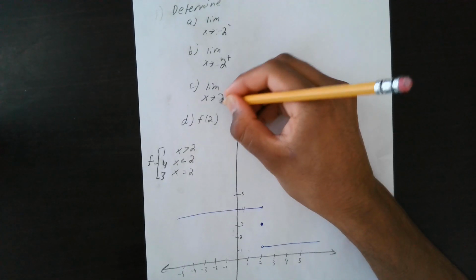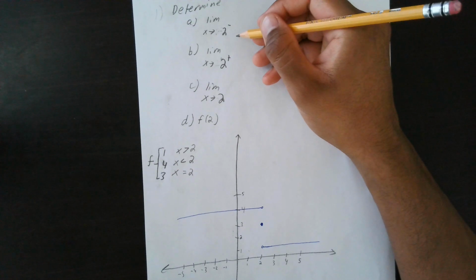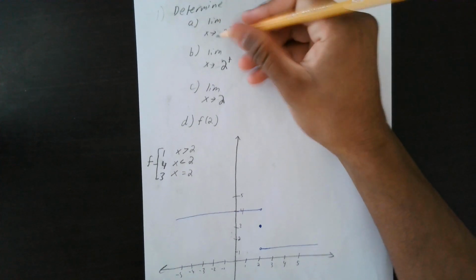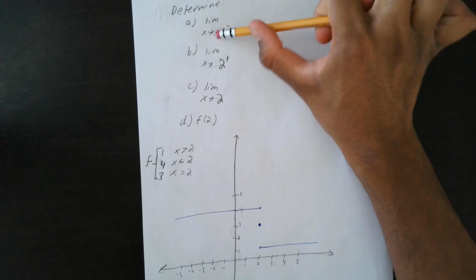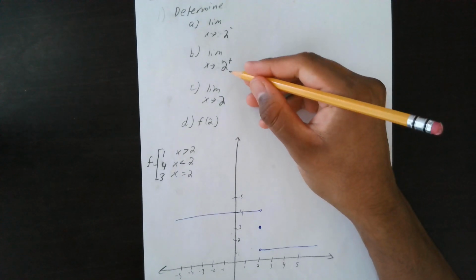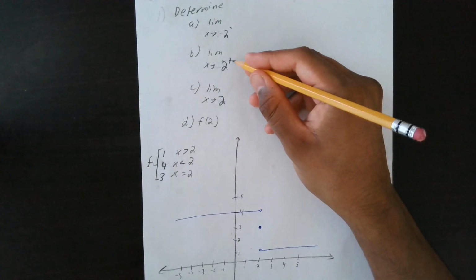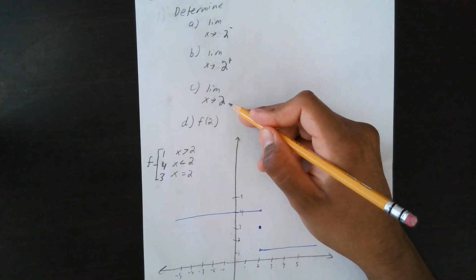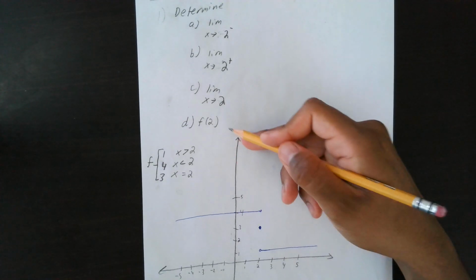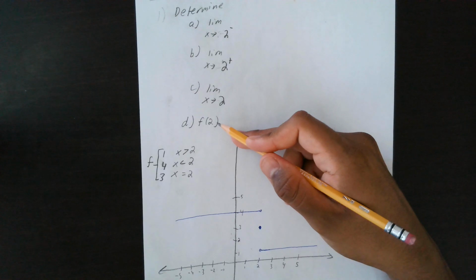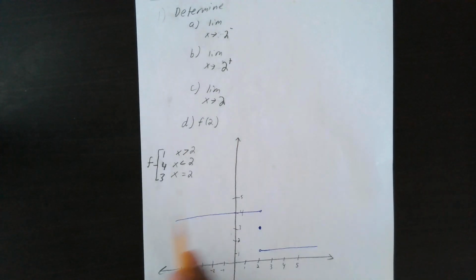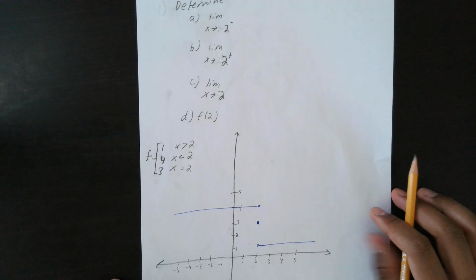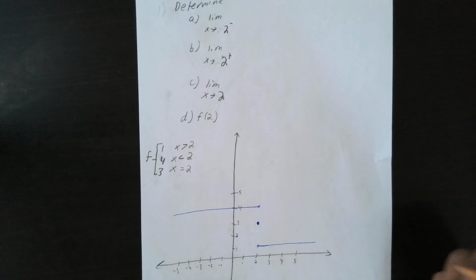I want you to determine the limit as x approaches +2 from the left side, and the limit as x approaches +2 from the right side, and then find the limit as x approaches 2. I also want you to find the value of the function at 2. Here's our piecewise defined function. Please try this out on your own. Pause the video, and I'll unveil the solution soon.